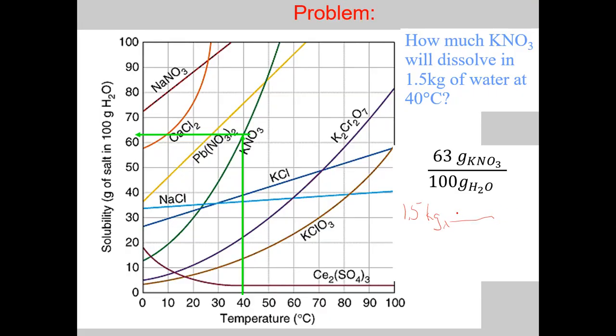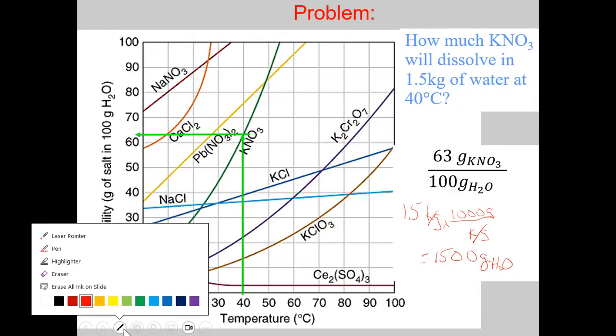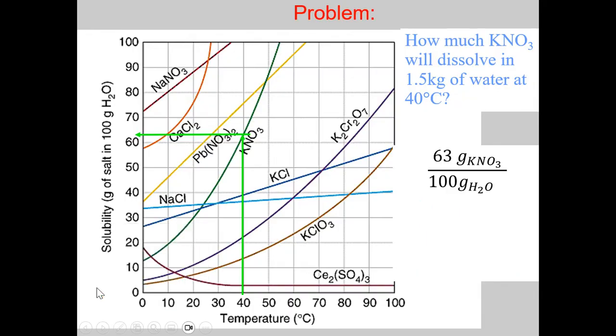And back to middle school, you know there's 1,000 grams in a kilogram. Kilograms cancel. That means I have 1,500 grams of water. So that would be my starting point. I'm going to start with 1,500 grams of water. So let me get rid of those markings. I'm going to take my 1,500 grams of water.